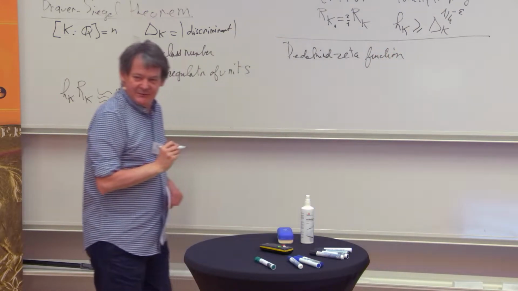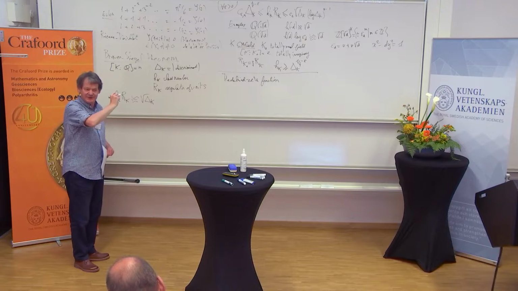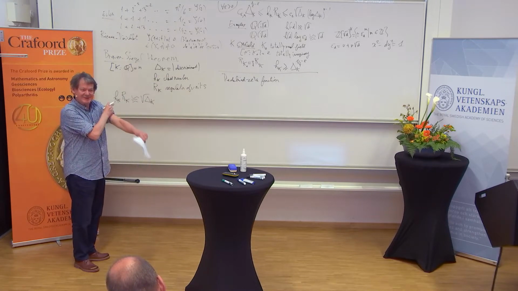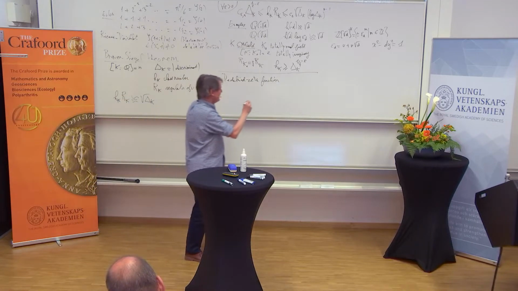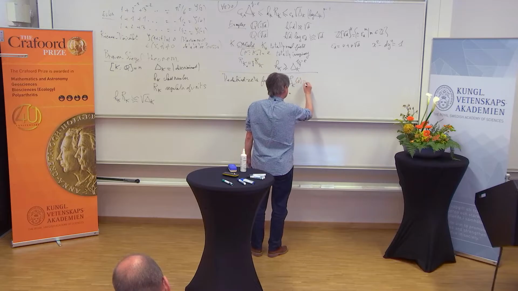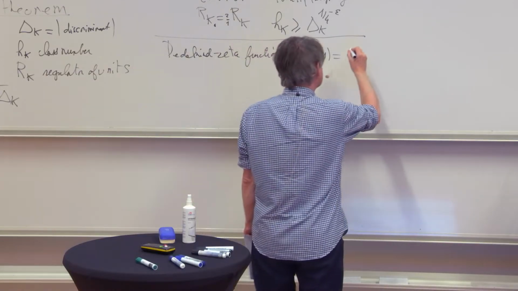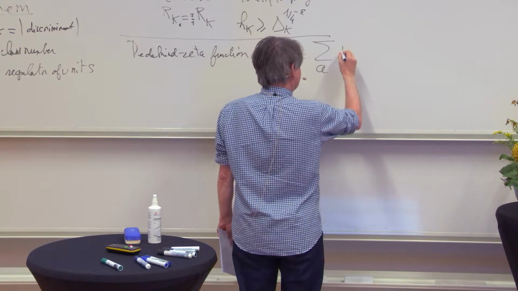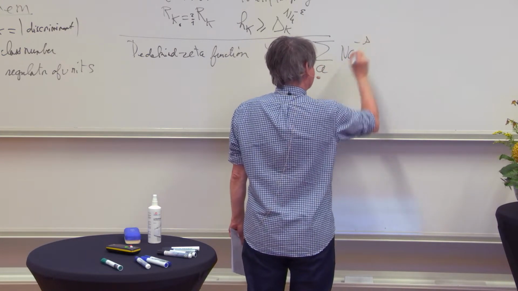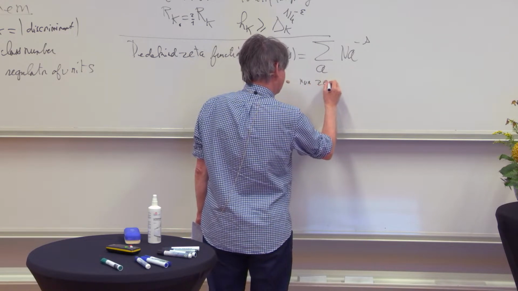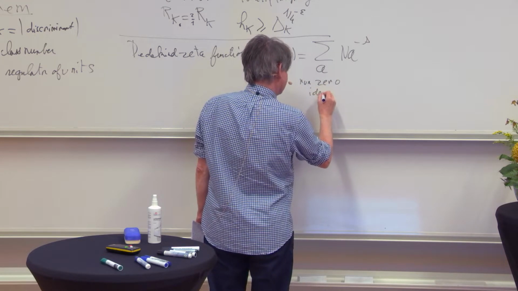Which is, after Dirichlet's L function and Riemann's zeta function, the next one in the zoo that Enrico mentioned. So the zeta function, you can write it exactly like before, except that you take ideals and the norm to the power minus s here. So you take non-zero ideals.